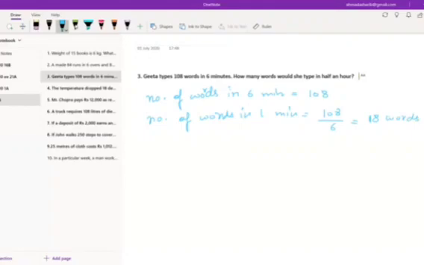So the question is asking, how many words would she type in an hour? So in 1 hour, how many minutes are there? 60 minutes are there. 1 hour is equal to 60 minutes. So if she is typing 18 words in 1 minute, how many words will she type in 60 minutes?